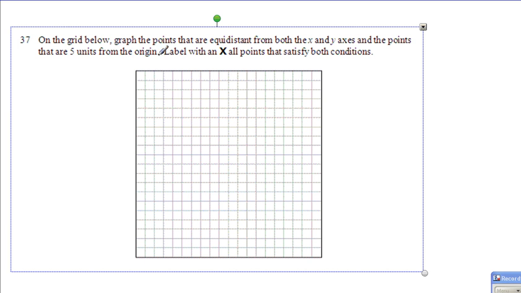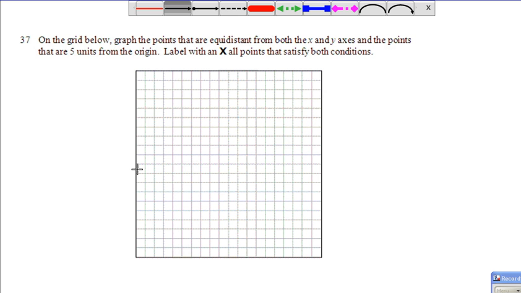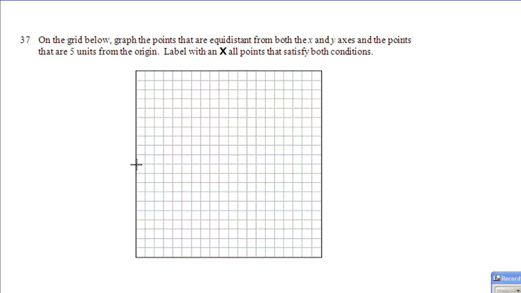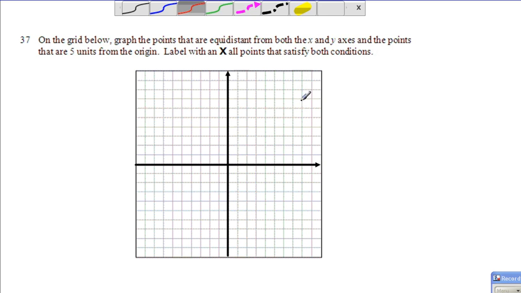Number 37. Now, equidistant from both x and y. So then, what I'm going to do is this. I'm going to assume that this is the x-axis. That's the y-axis. All right, now, equidistant between x and y simply means somewhere in the middle, so such as this one.